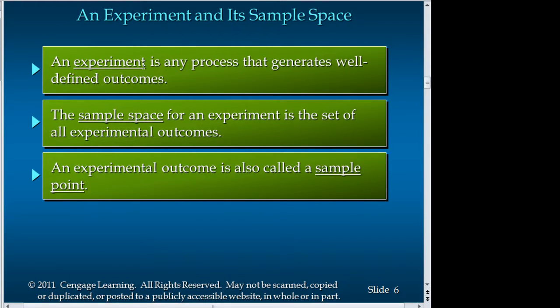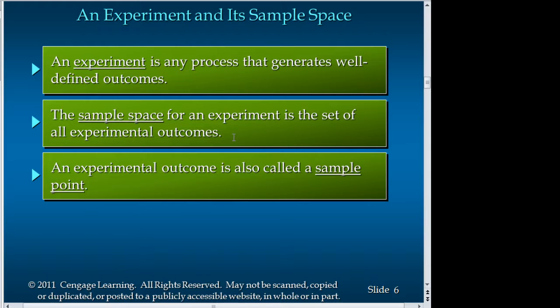So an experiment is any process that generates well-defined outcomes, and the sample space is the set of all outcomes of the experiment. Let's say you flip a coin. The action of flipping a coin is the experiment. The sample space would be all possible outcomes, so head or tail.